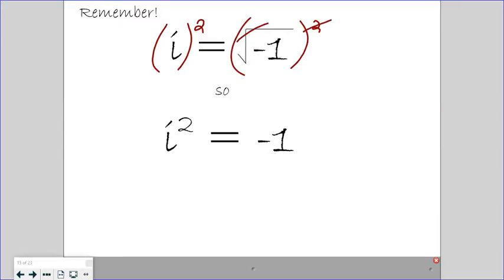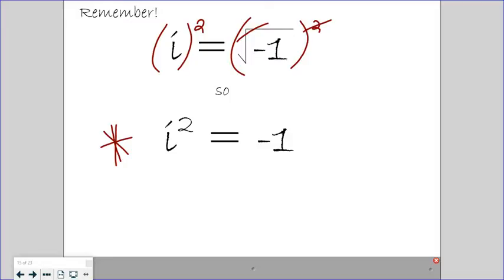This is what you have to look for in your equations when we start multiplying and dividing. When we see an i squared show up in our problem, we will do substitution. We will replace that i squared with negative 1. And that's what's going to change heading forward when we start doing multiplication and division.